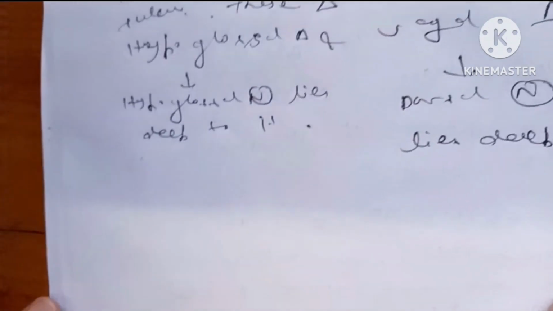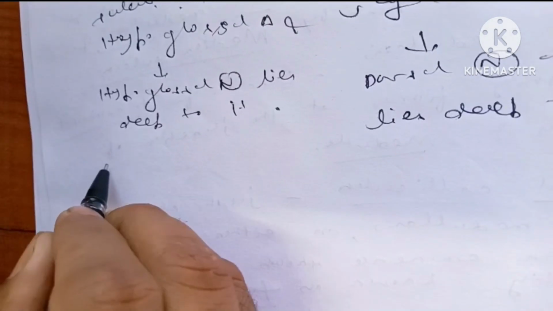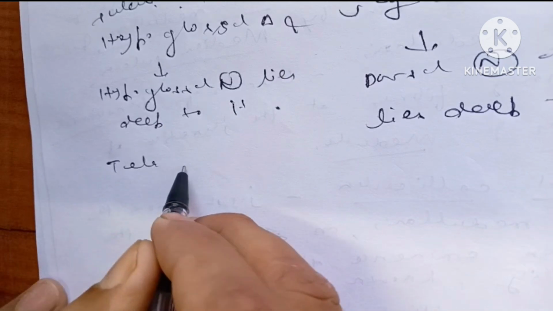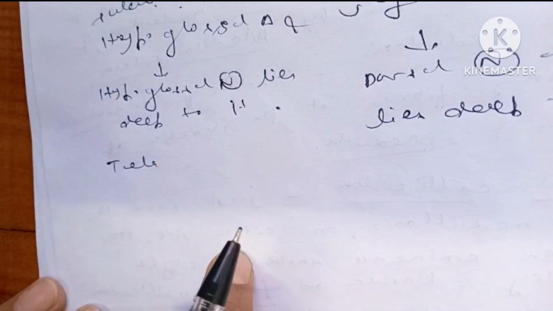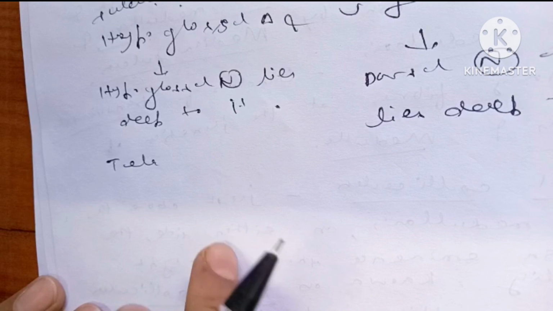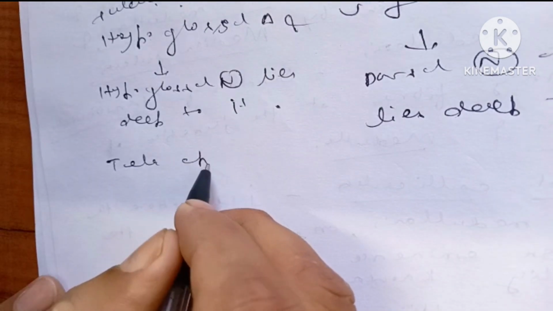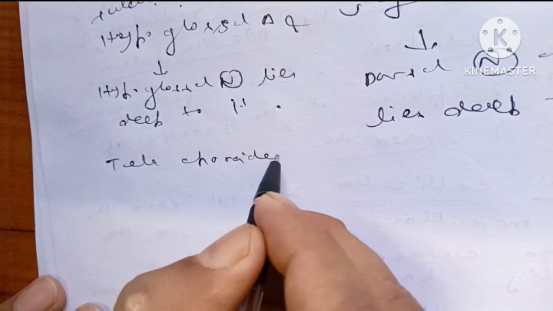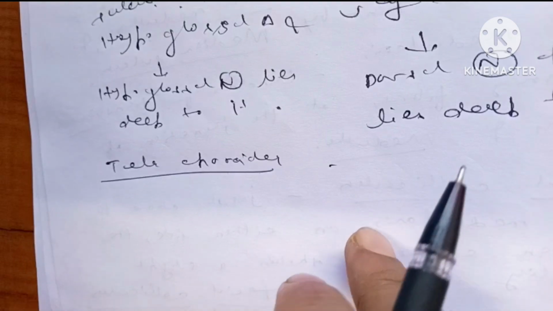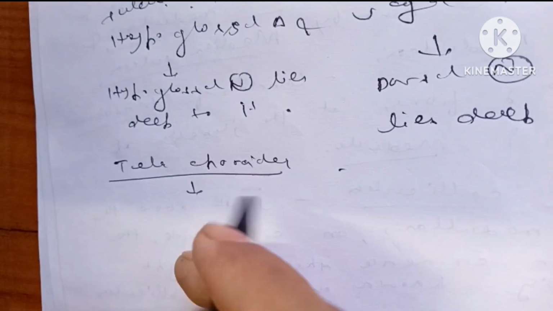Now, two terms are also very important in the fourth ventricle. First is the tela choroidea and the choroid plexus. What is the tela choroidea of the fourth ventricle?